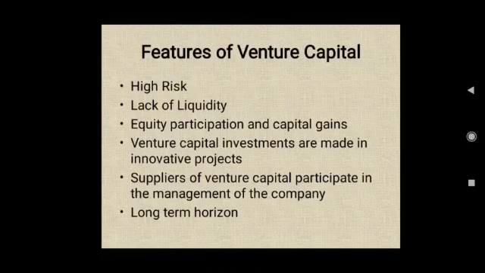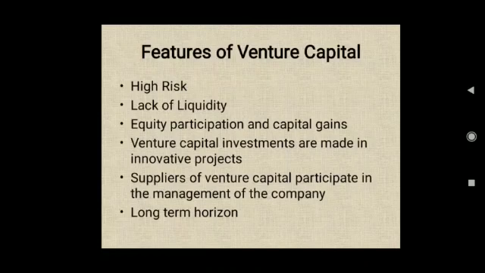Coming to your third feature, equity participation and capital gain. There are various methods for venture capital investment, of which one is very famous, that is equity participation. That means the investor is going to buy the equity. Further, we will check the different methods today itself. Here the investors invest in the startup business in terms of equity participation, meaning they buy the equity shares of that company.